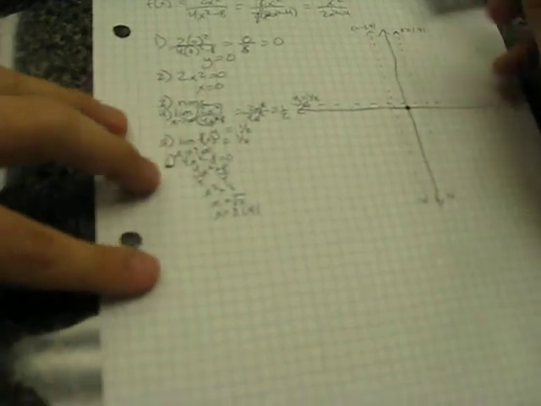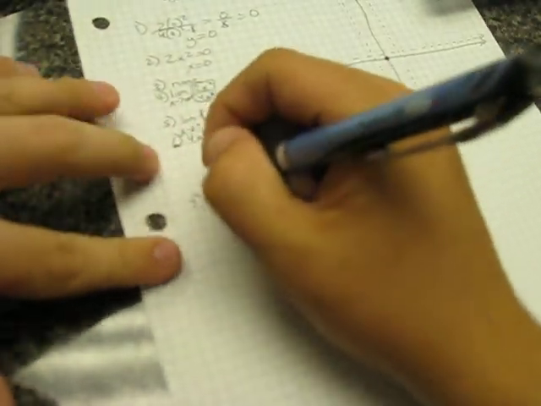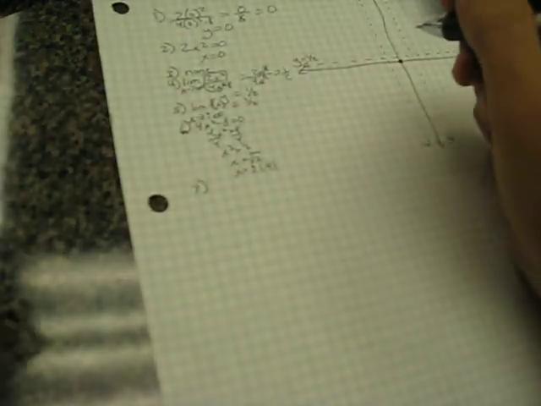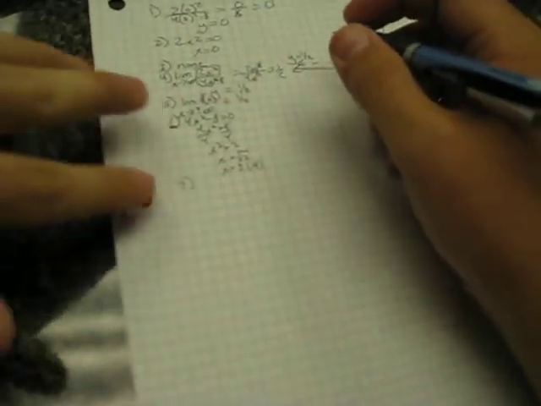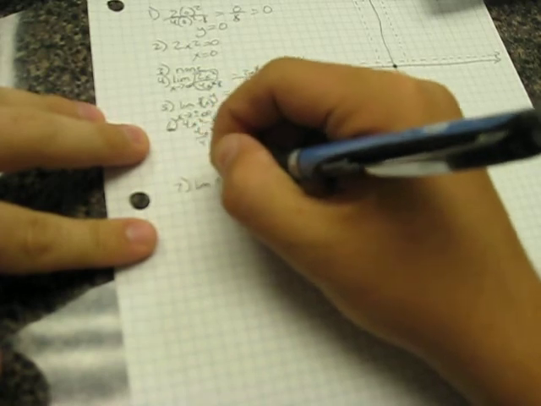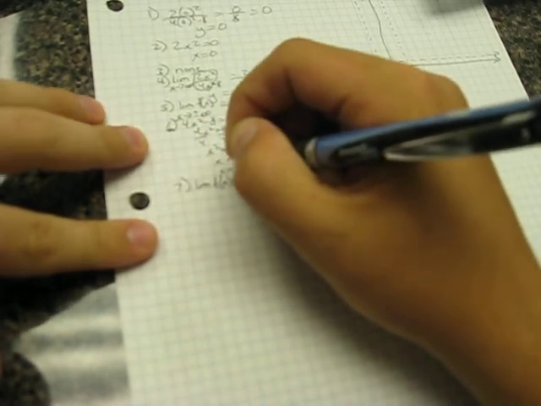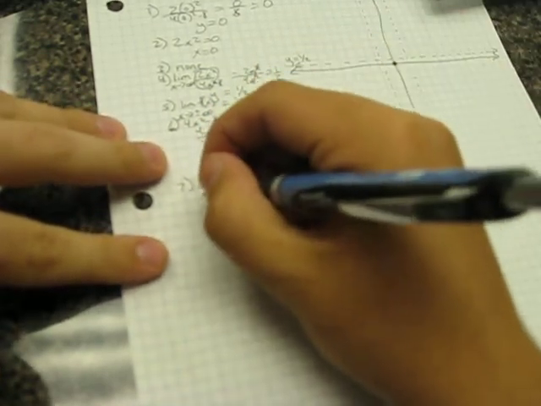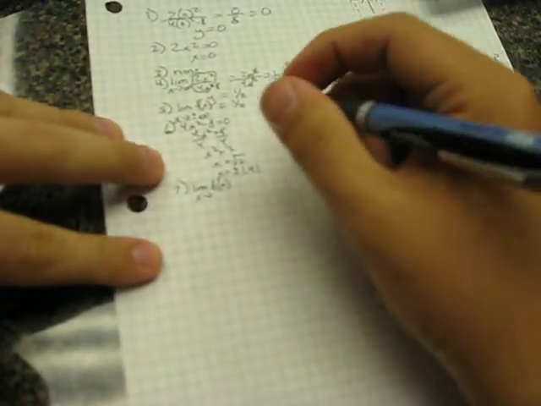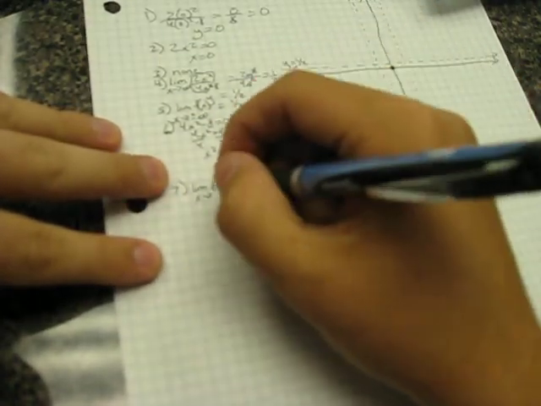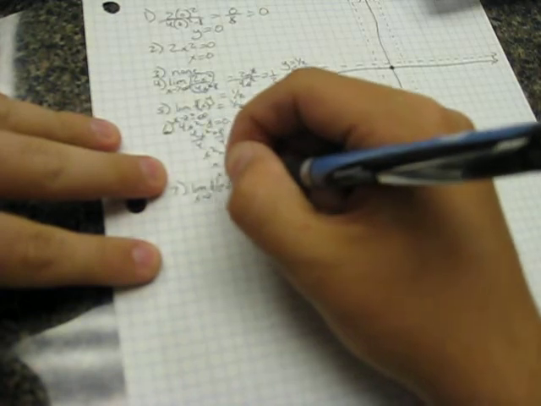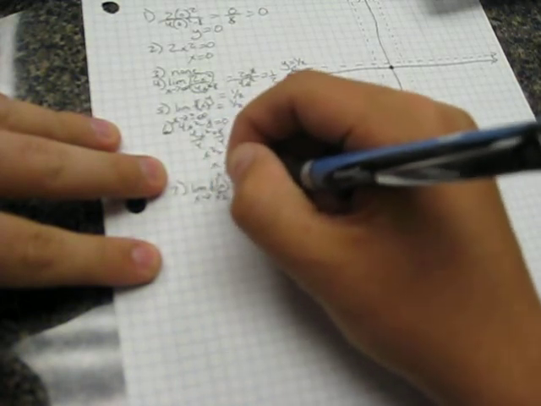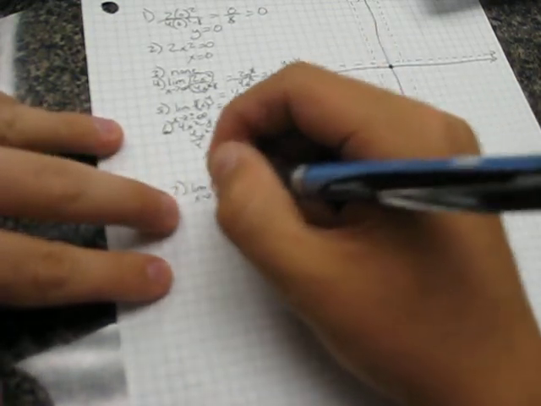The 7th step is to state the intermediate behavior. So for that, you do the limit of f of x as x goes to positive radical 2 on the right side.